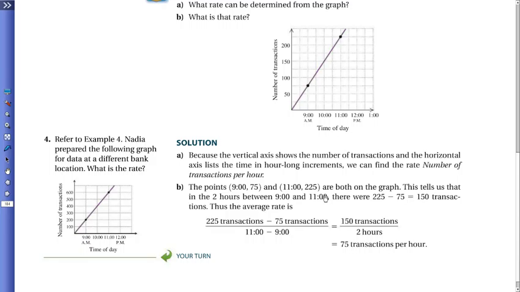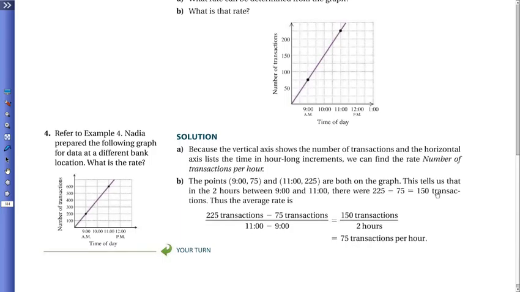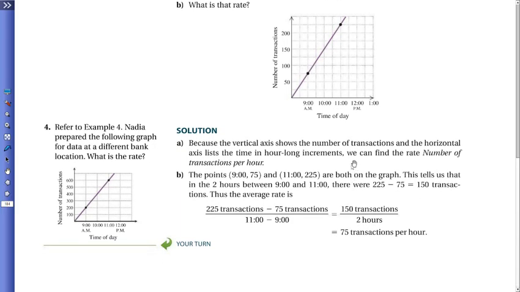Well, if I want a rate, it's a rate of change that occurs. I'm really talking about from here to this time, which is 2 hours, how many transactions occurred right here. Well, I already had 75 done by 9 a.m. So I take the 75 off and I get 150. So I get 150 transactions occurred in this 2 hour window of time, or I get 150 over 2 hours.